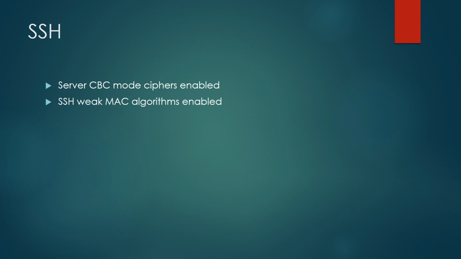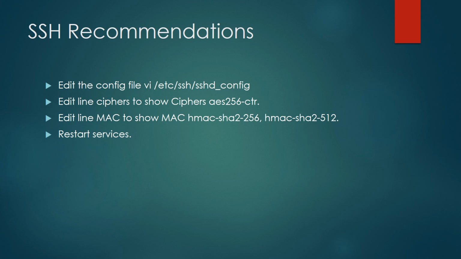For SSH, the two biggest issues on OpenSSH or the server were that CBC mode ciphers were enabled, and there were weak algorithms in the SSH. The recommendation will be to edit the configuration file.